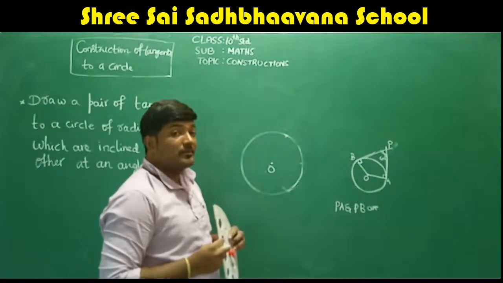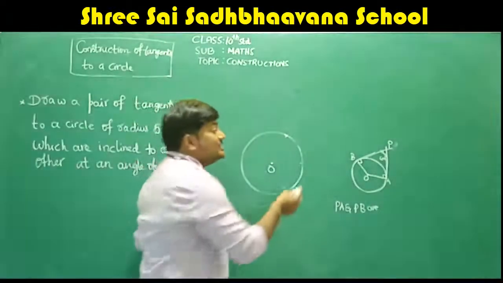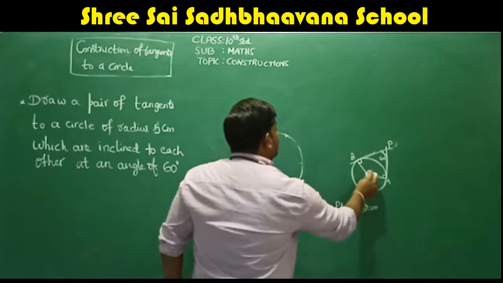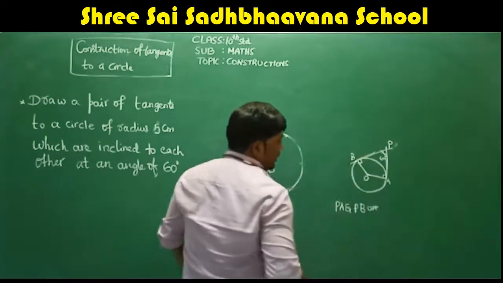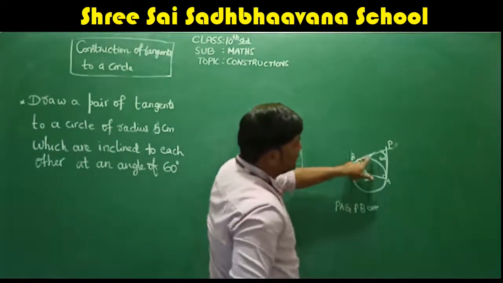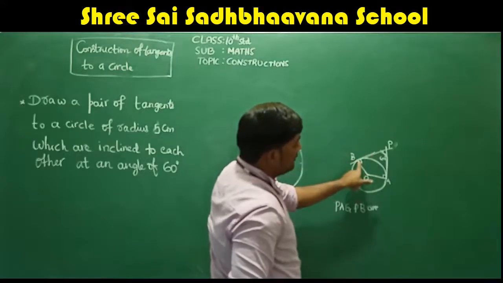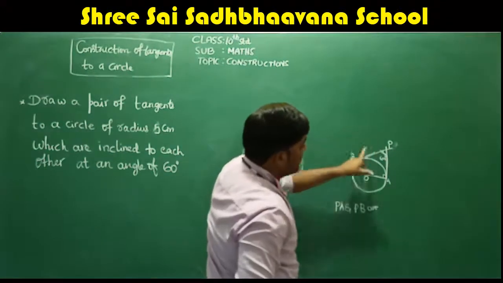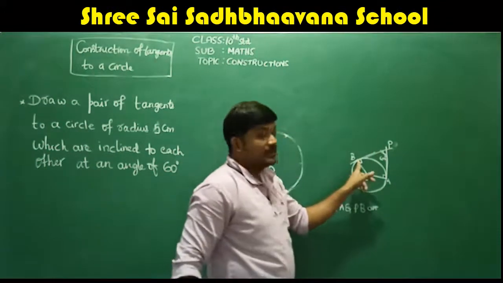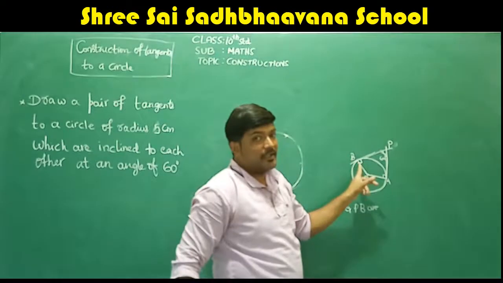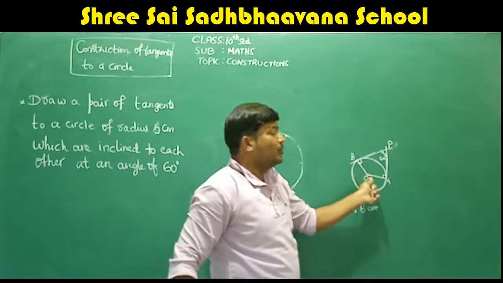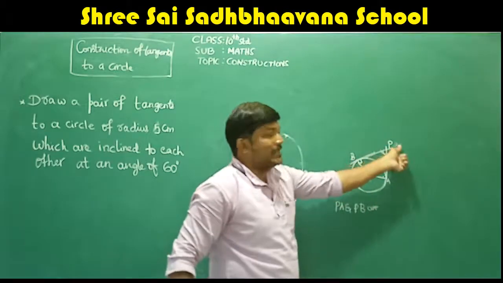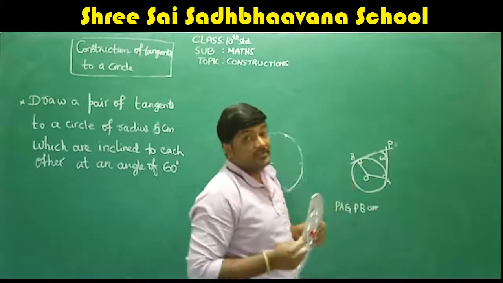What we discussed in the first theorem is that the tangent drawn to a circle always makes 90 degrees with the radius. The circle and tangent touch at B. That we call the point of contact. With respect to the radius, OB is the radius. So the angle between OB and tangent BP is always 90 degrees.